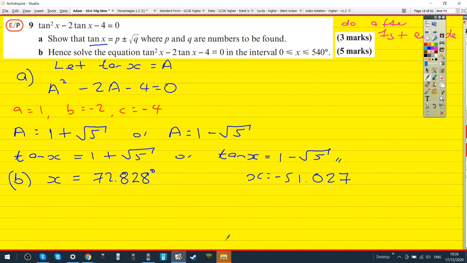And then this is tan, so can you plus 180 to them? Okay. Yep. So for minus 57.027, it can be 128.973.